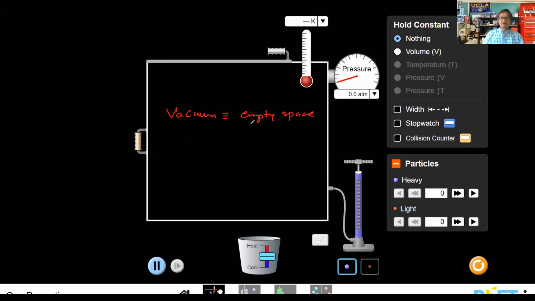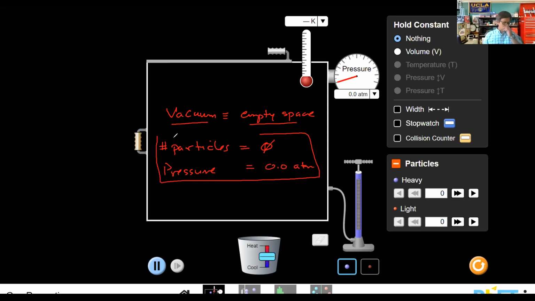Whenever there's a vacuum, we define that as a situation where the number of particles is equal to zero, so no particles, and the pressure will also be equal to zero. A vacuum is a space with absolutely no particles at all.